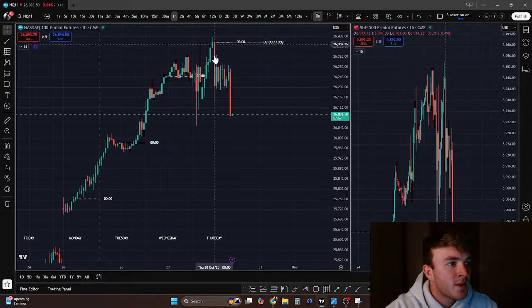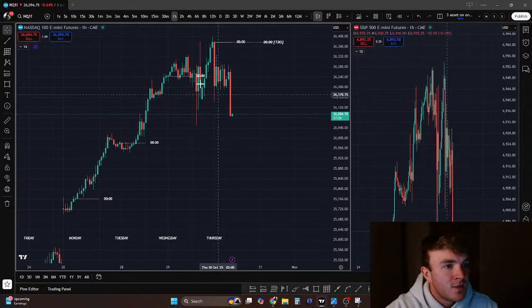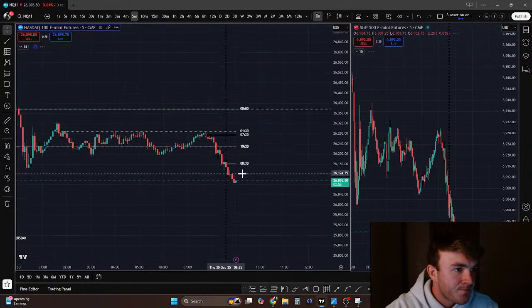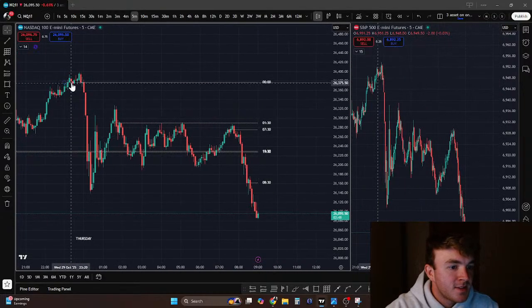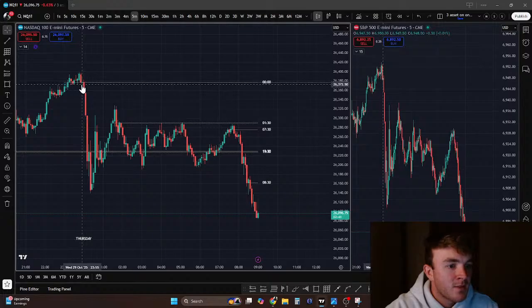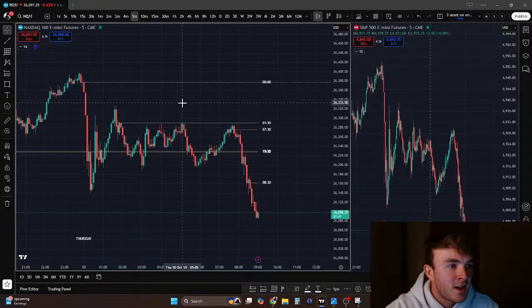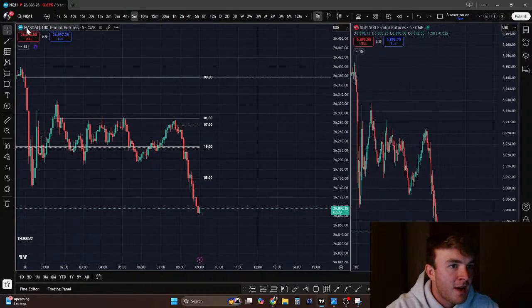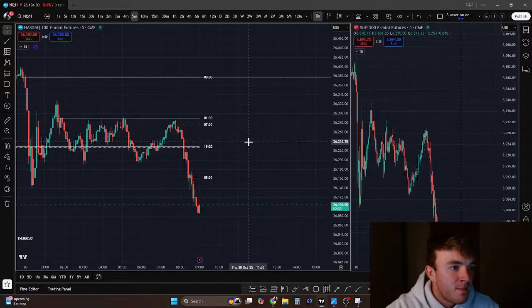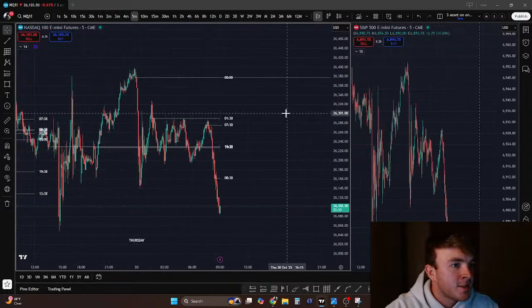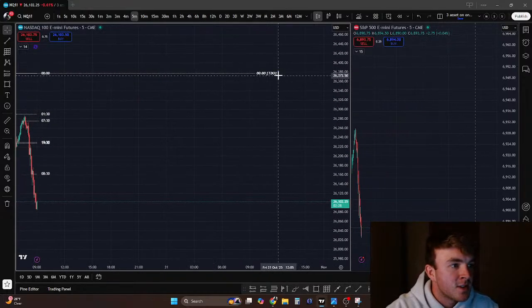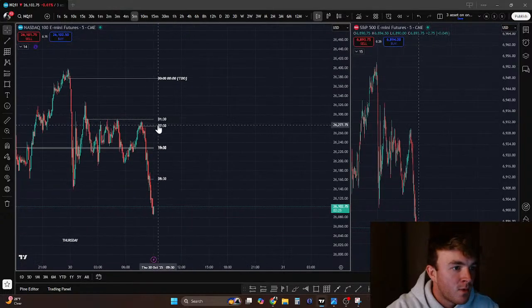We got a little tiny wick above midnight and then we went lower. Same thing at 7:30, right? Immediate sell-off after 7:30 and after midnight, both. So that kind of helps us say, okay, maybe today is just a really bearish day. Or maybe not. I don't know.